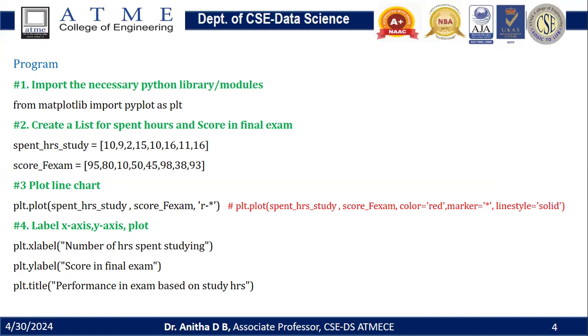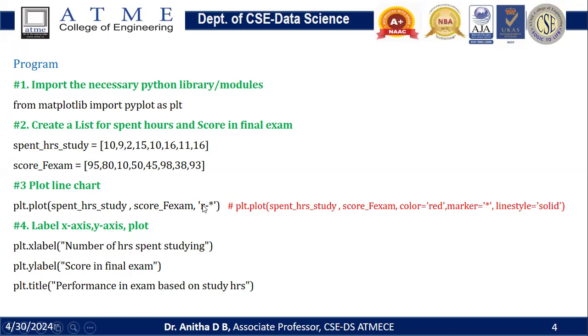Whenever we want to use a plot, the syntax is plt.plot. So plt.plot of, mention the x-axis and y-axis. The x-axis is spent hours of study, the y-axis is score in the final exam.